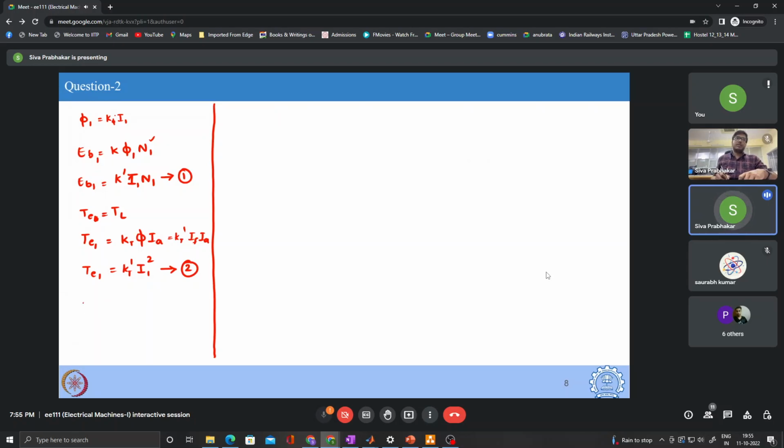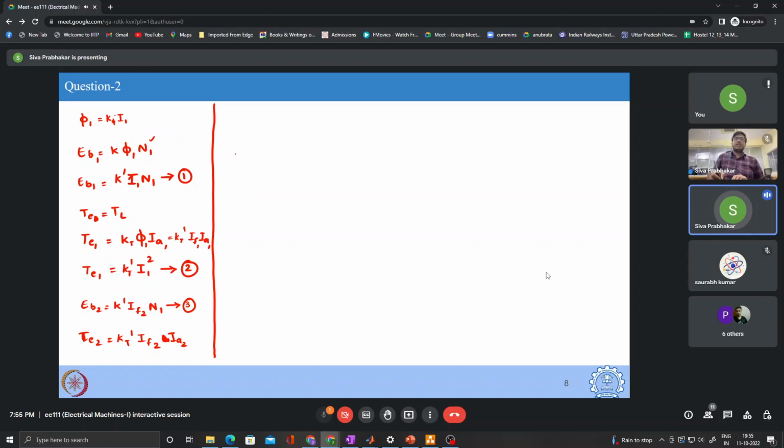Similarly, you can write EB2 to be K dash into IF2 into N2. This is our third equation. And TE2 equals KT dash into IF2 into IA2.